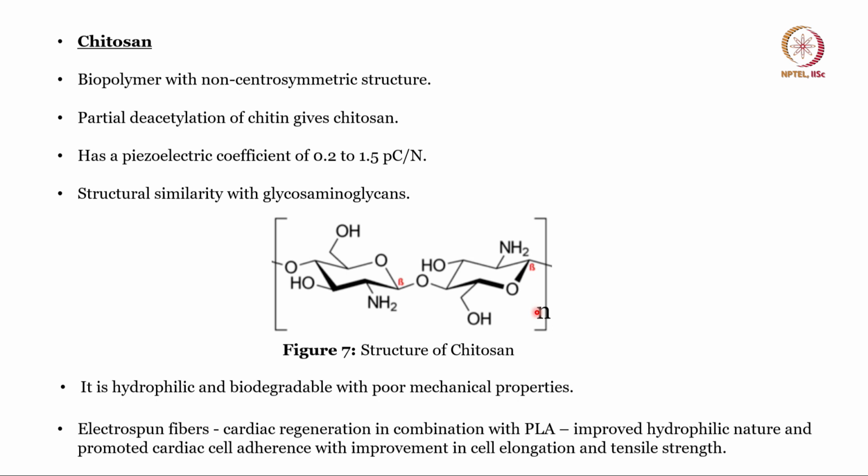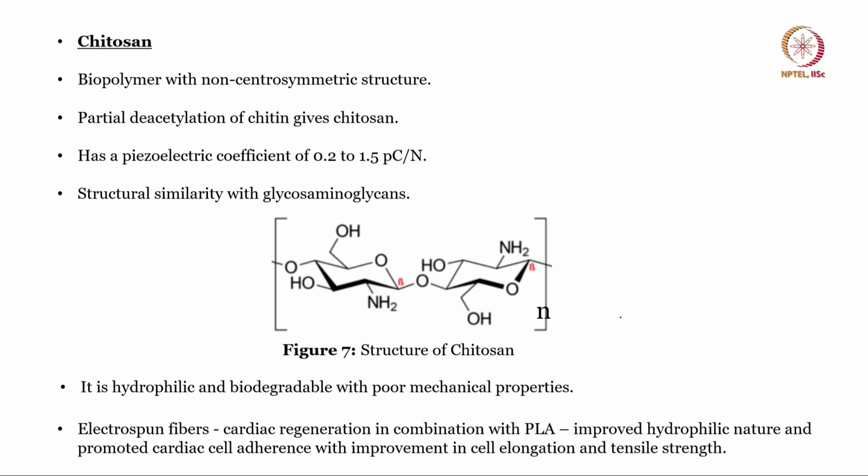This chitosan has structural similarities with glycosaminoglycans. These glycosaminoglycans are components found in cells. Usually the membrane of any cell contains one or the other type of glycosaminoglycans as receptors for many of the ligands to attach. As this material has structural similarity to glycosaminoglycans, it confirms the biocompatible nature of the material.